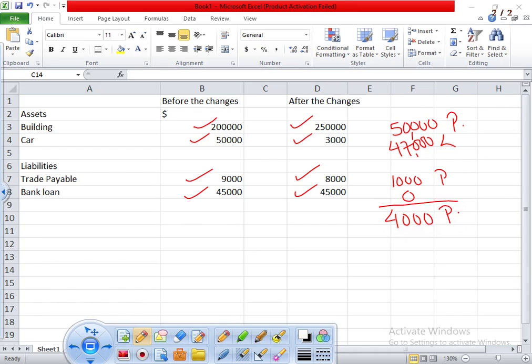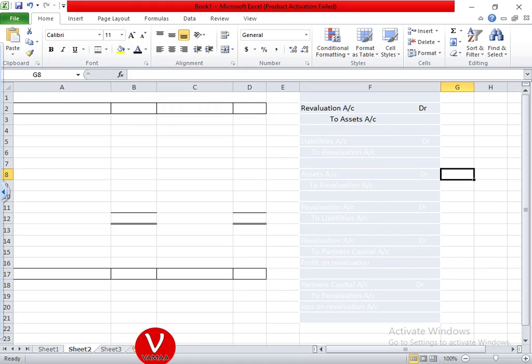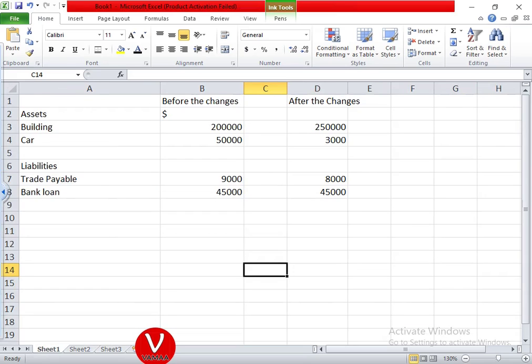So we learned how to make journal entries. With the help of those journal entries, we can make our ledger account, which is my revaluation account. As you can see, when there's a transfer of assets, we make this journal entry: revaluation account debited to asset account. And the two assets that we had were building and car.